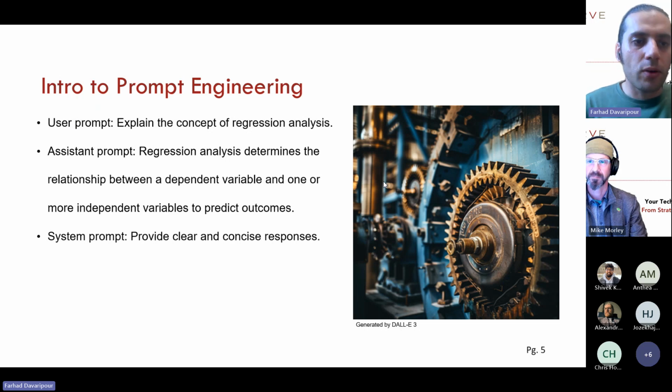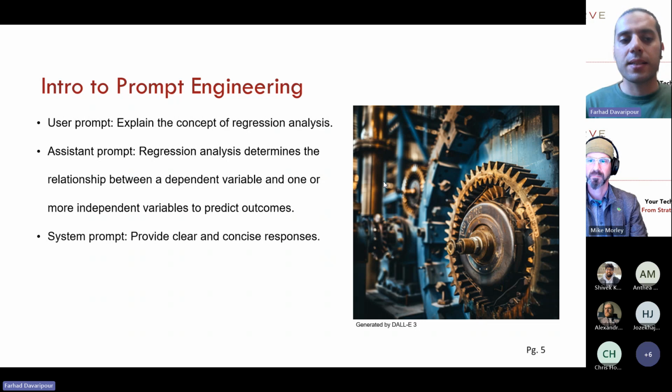In order to have a good understanding of prompt engineering, you should know that we typically have three types of prompts in an LLM application. One is the user prompt. The user prompt is simply a question that's being submitted to a large language model. When you interact with ChatGPT, the question that you ask is stored as the user prompt.